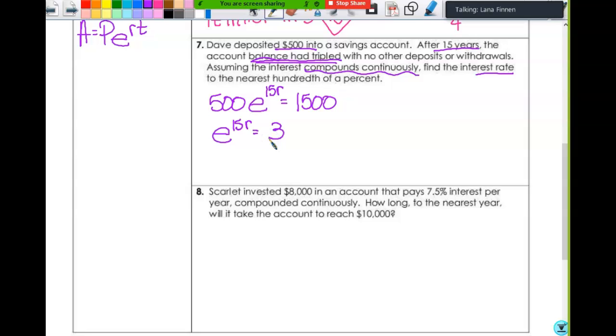Now I have my exponential isolated. I'm going to take the log of both sides. So 15r times the natural log of e equals the natural log of 3. What is the natural log of e? 1. So that means that r is just the natural log of 3 divided by 15.